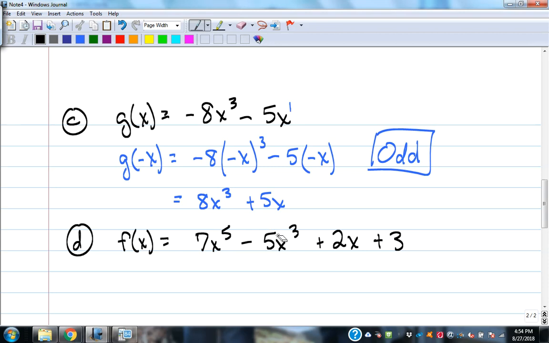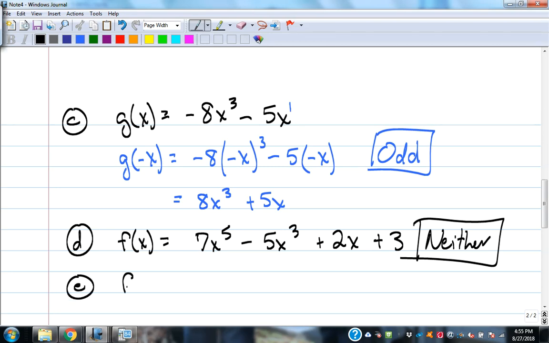Odd, odd, odd. Uh-oh. Doesn't have one. So it's mixed in there. That's a neither. Anytime there's a constant, it's neither. Anytime there's a term that does not have a variable, you know automatically that it's neither.